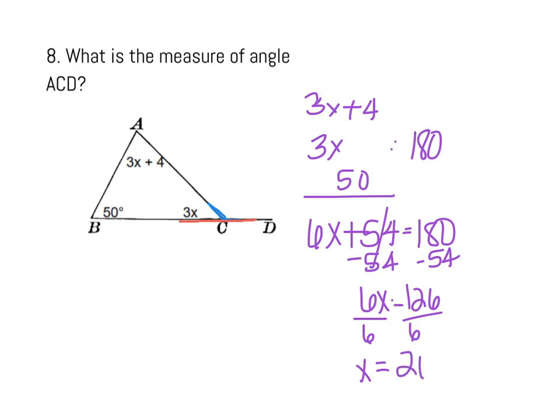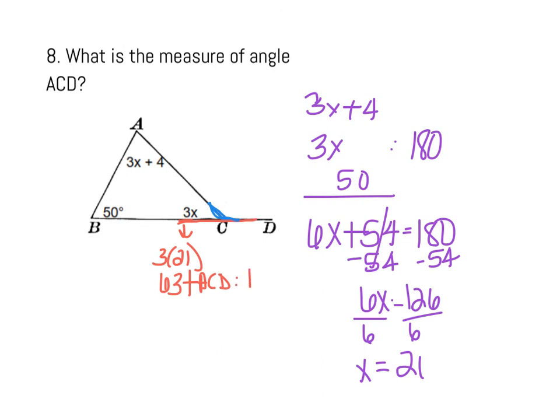I'm looking for the measure of ACD, and ACD is not x, so I'm not done. Again, we said ACD and this 3x are supplementary, so that means they're equal together to 180. I can find this angle right here by doing 3 times x, which is now 3 times 21, and I get 63.